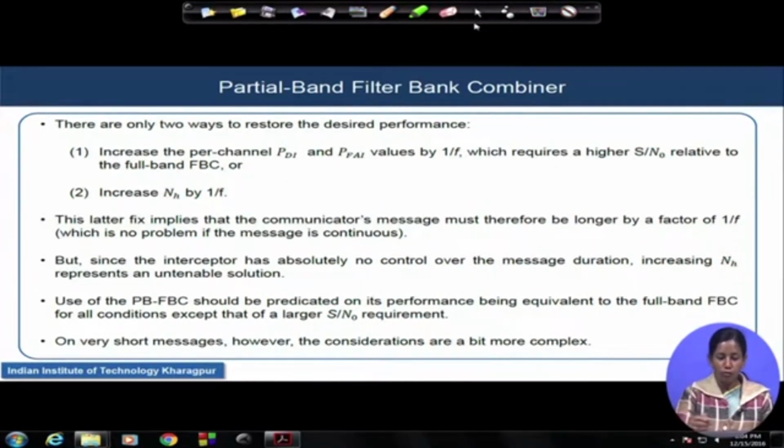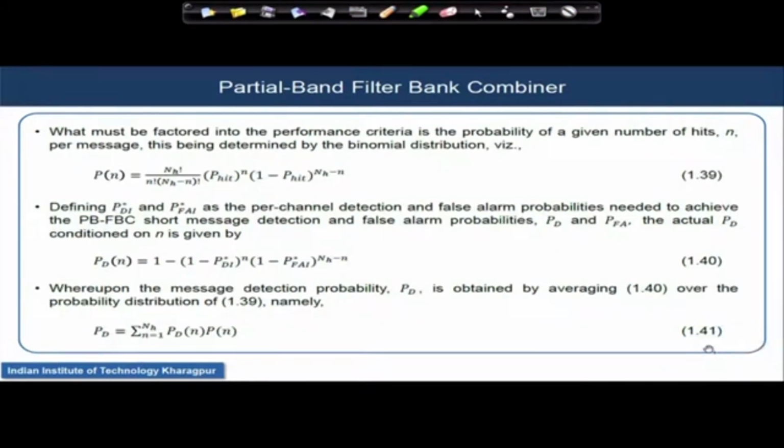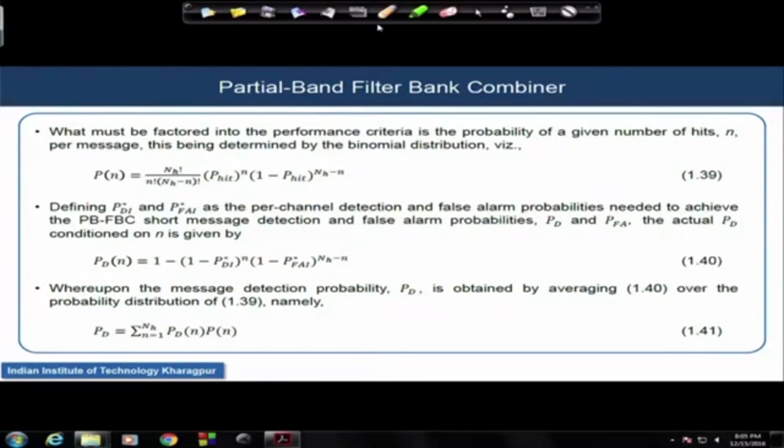Finally, we now understand that the detection probability here is a function of the probability of hit. If I consider that there are a number of hits given by small n, then the probability of this hit will be given by this binomial distribution.